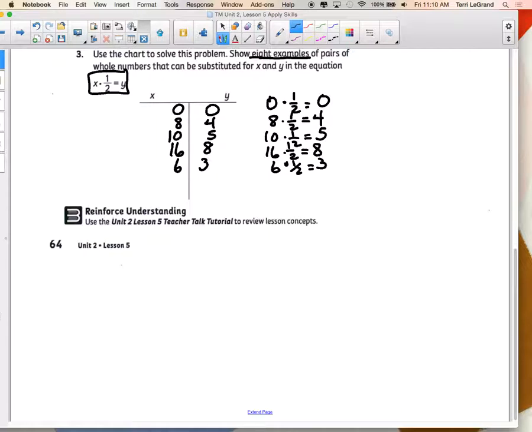Danny, what's yours? The same one that just got put there? Okay, same one. Kira? 4 times a half would be 2, right? Wait, 24 and 12, because 24 times a half is 12.